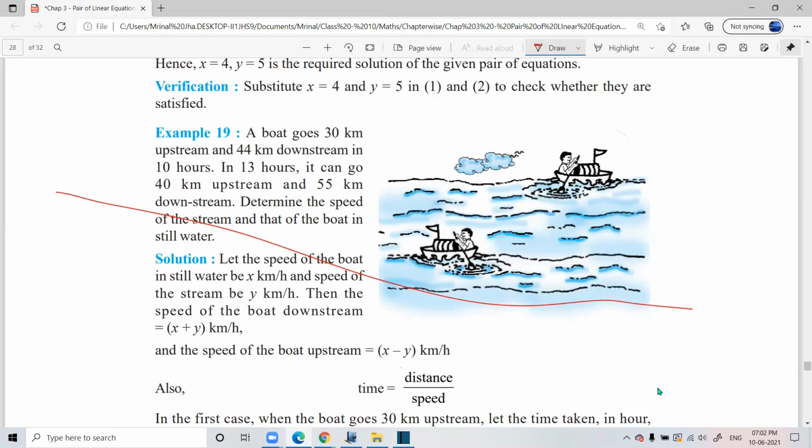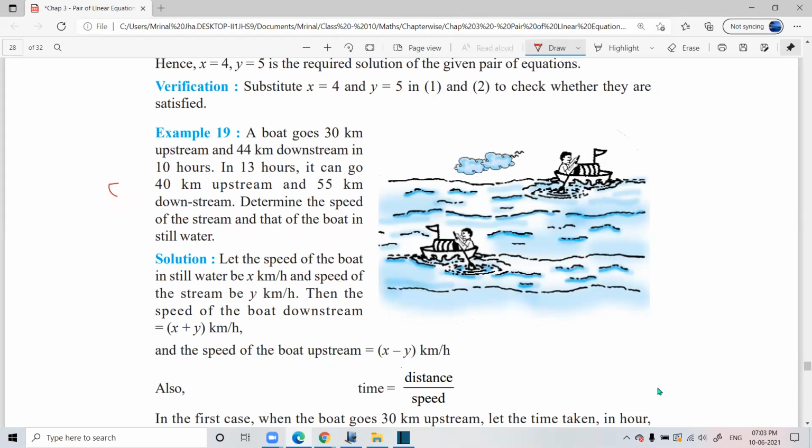From higher ground to lower ground, a river is always flowing. So if you are going against the current, against the flow of water, that movement is called going upstream. Okay, against the stream. And if you are going down the stream, you're going along with the water in the same direction as the water is flowing.